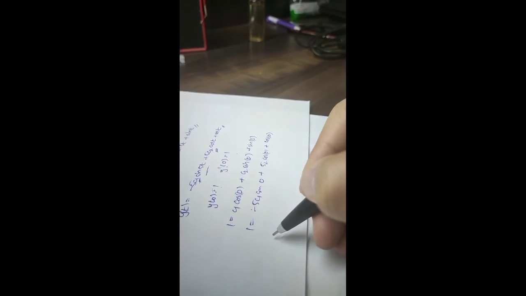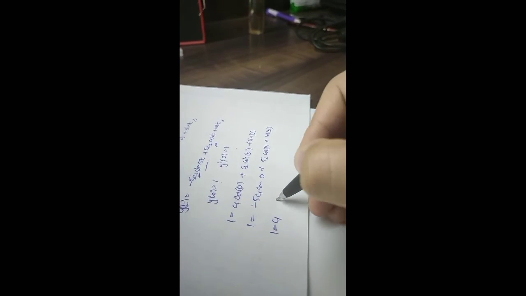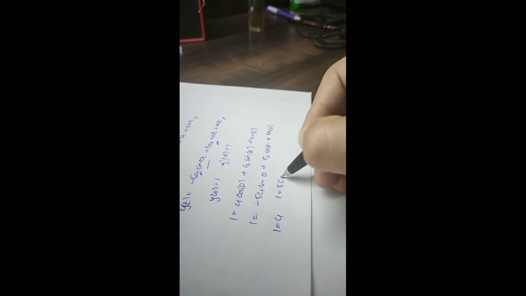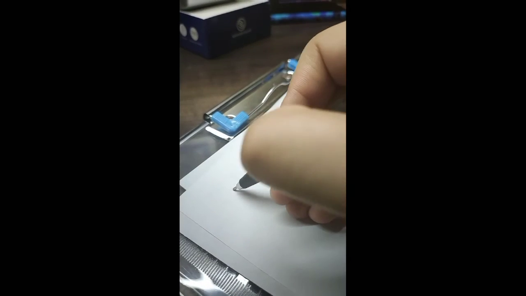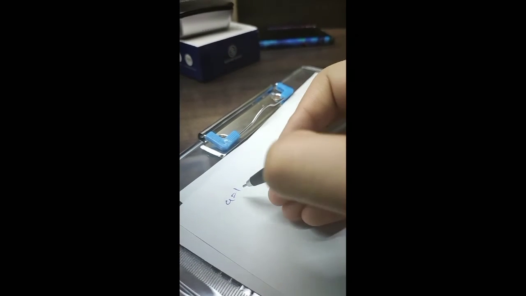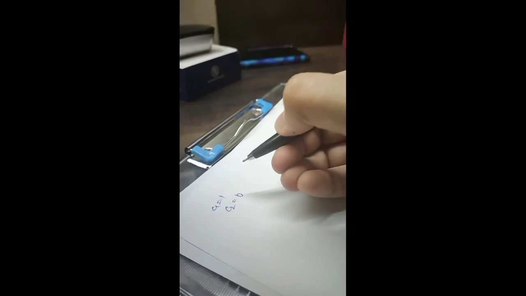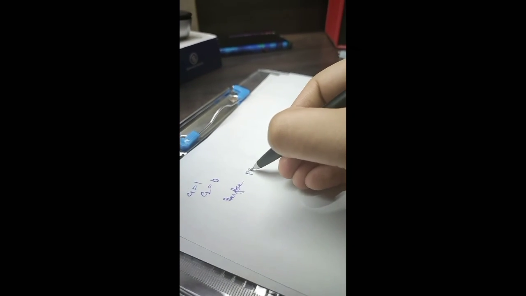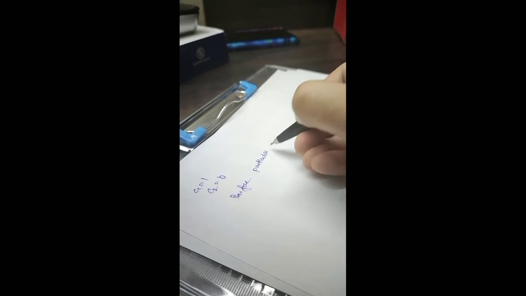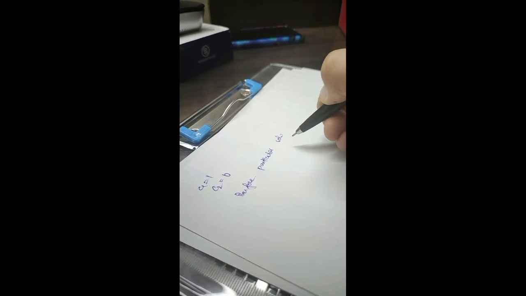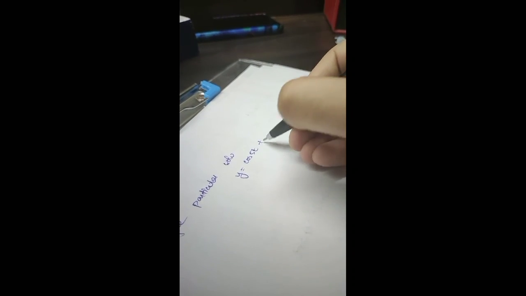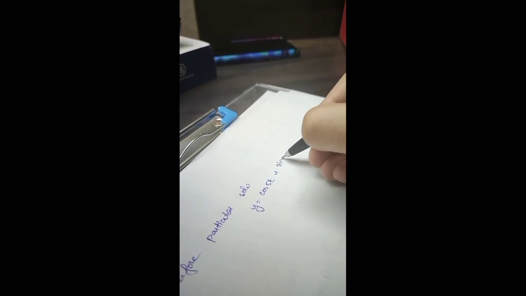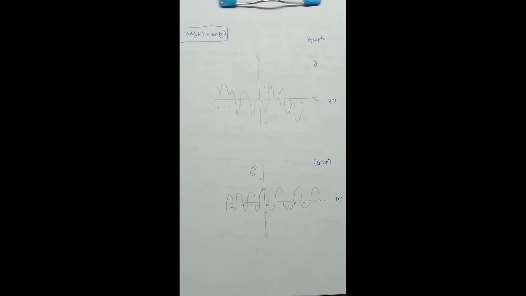So we get 1 equals c1 and 1 equals 5c2 plus 1. So we get c1 equals 1 and c2 equals 0. Therefore the particular solution is y equals cos 5t plus sin t.